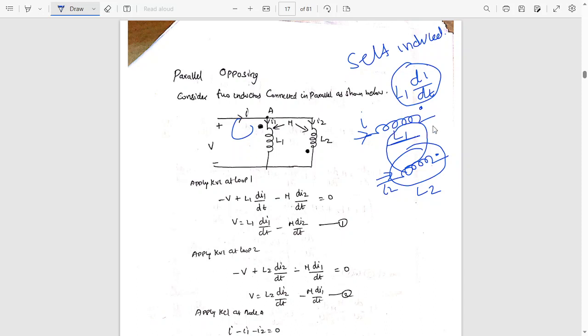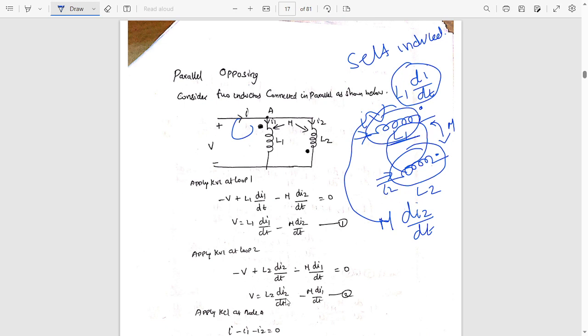I call that voltage the mutually induced voltage. It will be written like this: M di2 by dt. This is the voltage across L1 due to the current I2 flowing through L2.